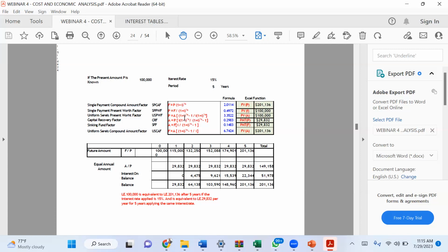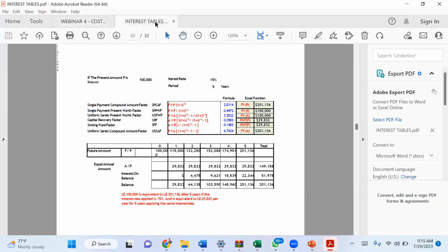The bank wants to give me 200,000 in 5 years' time, and their interest rate is 15%. How much should I put in my fixed deposit now, so that in 5 years' time, I will have a lump sum of 200,000 naira?